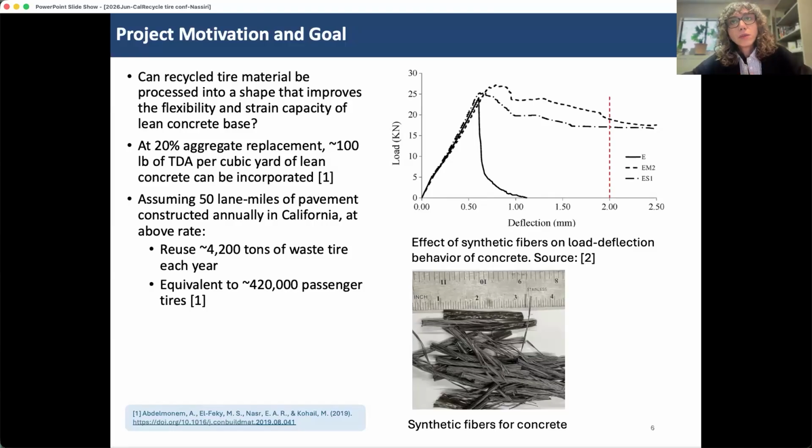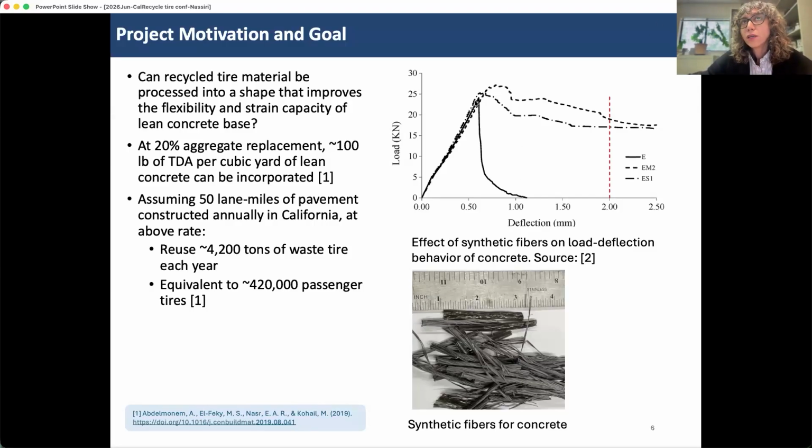This is a very well-established area of research in concrete, and it goes back even to ancient construction, where they used to put horsehair in concrete or clay bricks or any type of concrete-like material. They used to put straw strands, anything that could act as tensile reinforcement into concrete, to add more to the strain capacity of concrete.